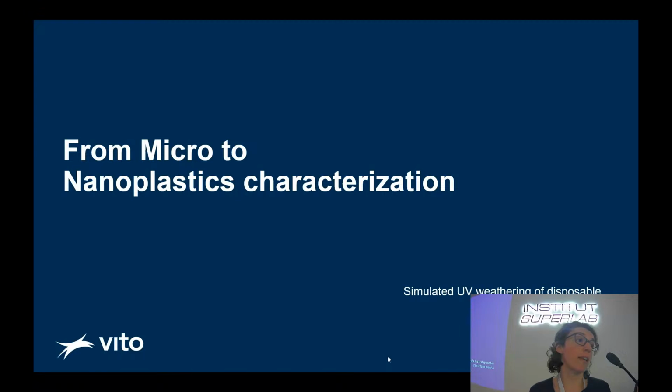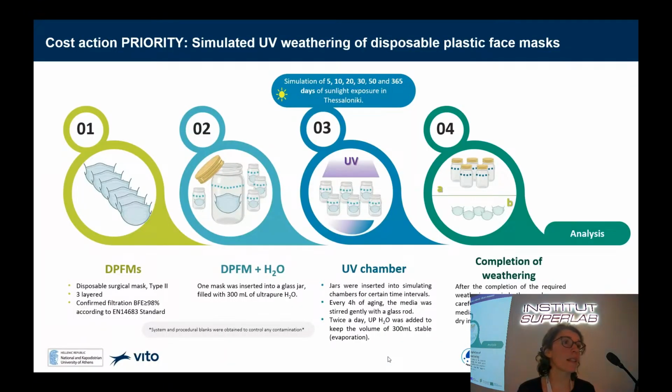Here I will give you just several case studies. One is on the simulated UV weathering of disposable plastic face masks. This small project was done through a short-term scientific mission funded by a COST Action, and also the Nexus Monarch project.